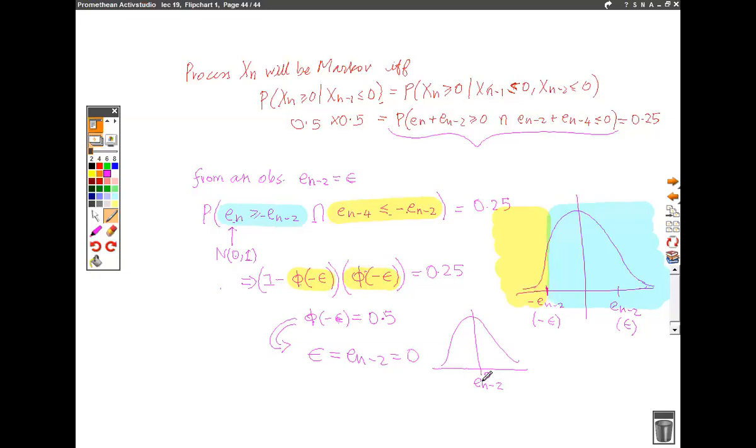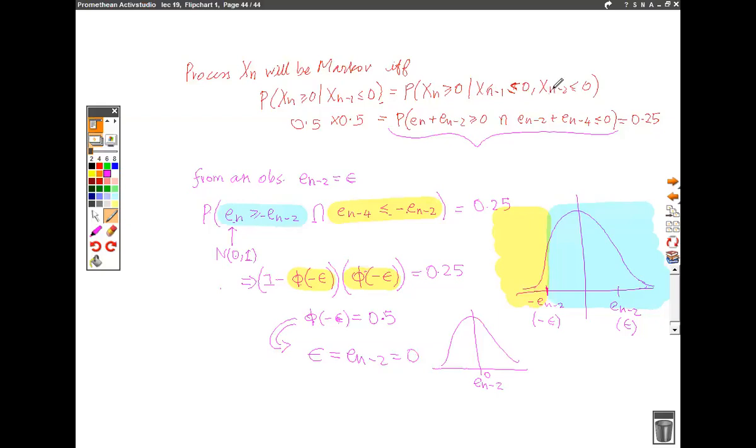So now I know that process x n will be Markov. So we started off with saying that the process x n will be Markov if this is equal to this. But I know that this is equal to this only when e n minus 2 is equal to 0. Otherwise not.